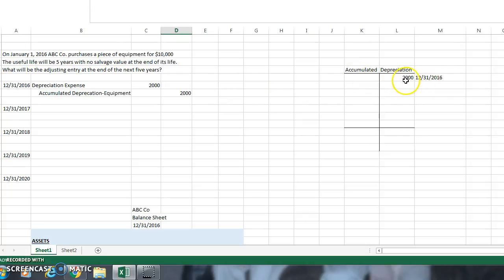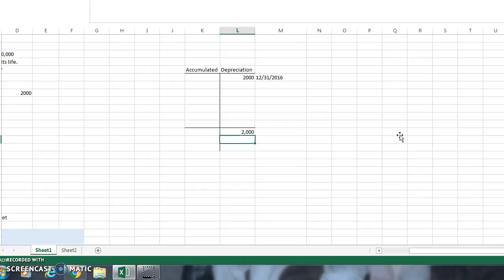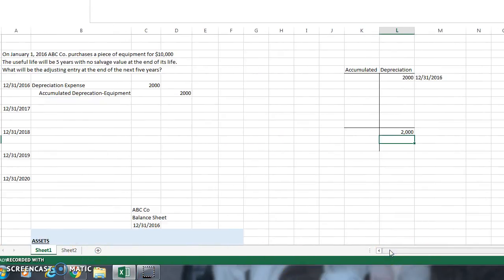In year 1, we will have posted the first amount of $2,000, which would leave us with a balance in accumulated depreciation of $2,000.